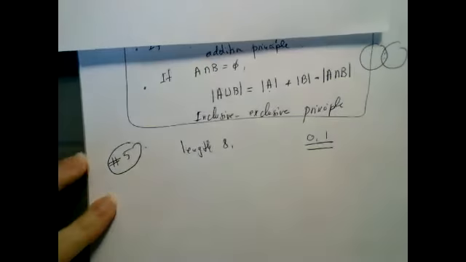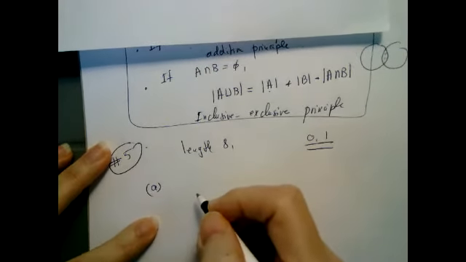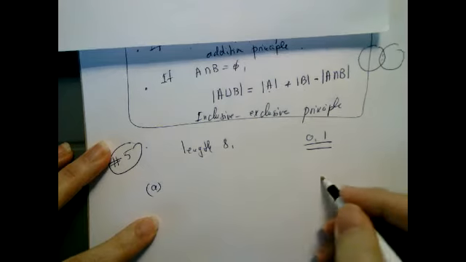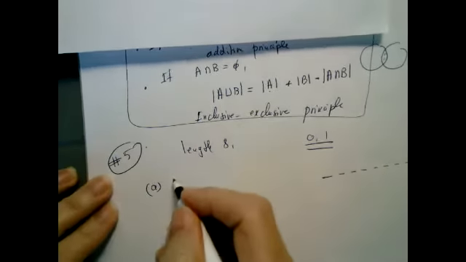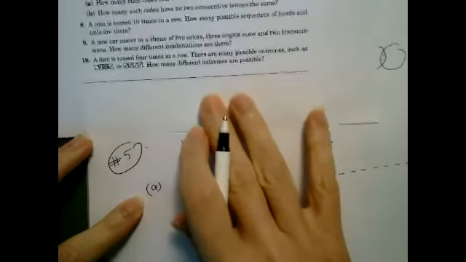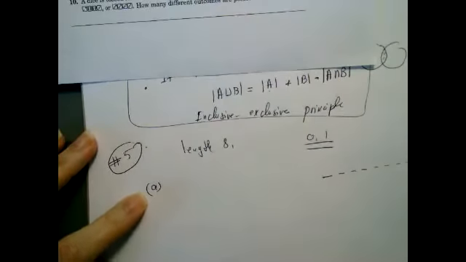The first question is fairly easy: how many such strings are there altogether? I want a quick answer to part A so I can move on.